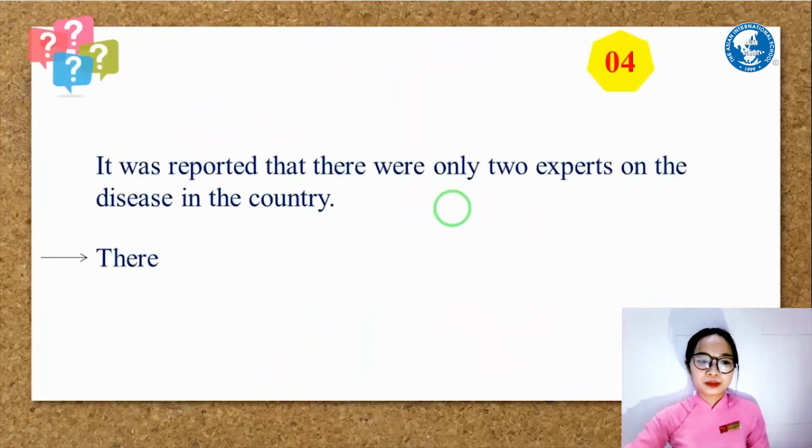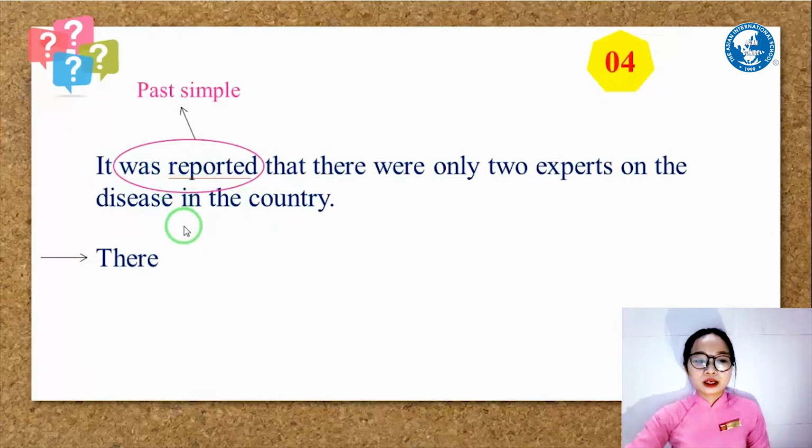Number 4. It was reported that there were only 2 experts on the disease in the country. In this sentence, the reporting verb is report, and the tense is past simple. So we encounter subject there again, right? So after there is were and reporting verb in past participle form, so reported.